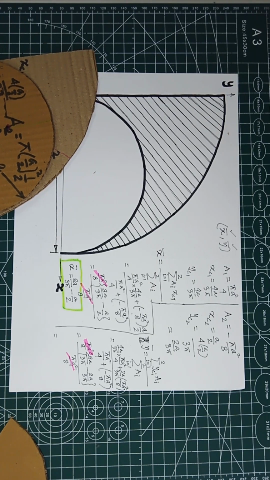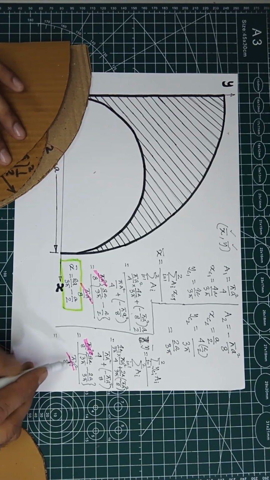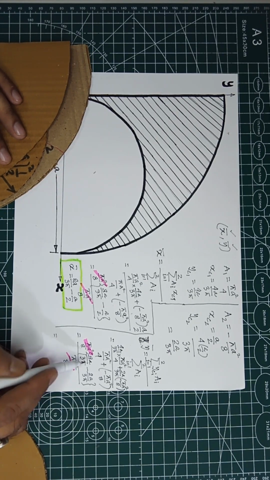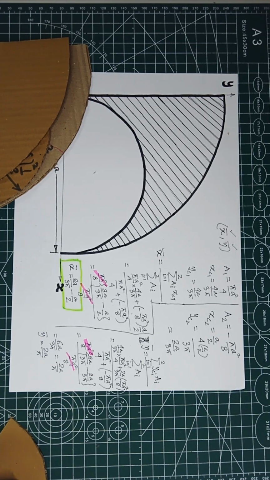Therefore this will be 8a by 3 pi minus 2a by 3 pi, so it will be 6a by 3 pi. Therefore it is 2a by pi. Therefore y bar is equal to 2a by pi. Therefore we can highlight it.